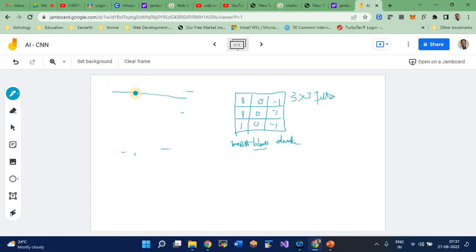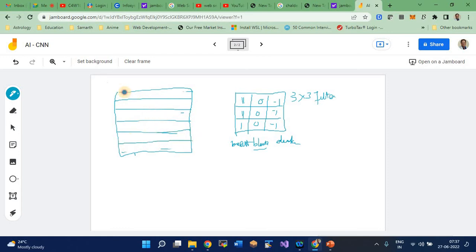A 6 by 6: 1, 2, 3, 4, 5 and 6, and 1, 2, 3, 4, 5 and 6.